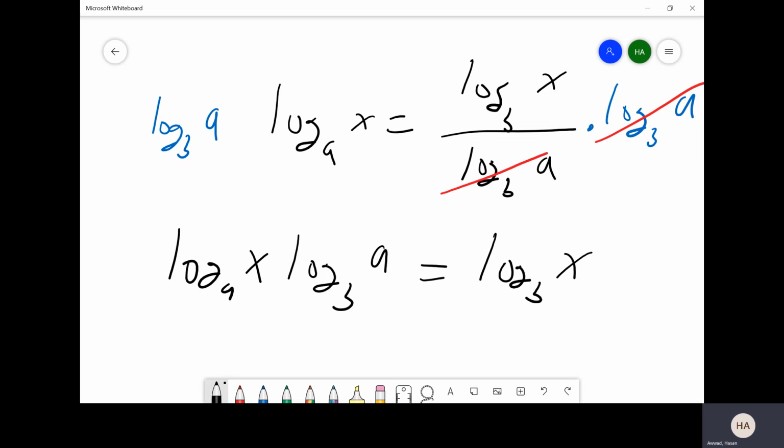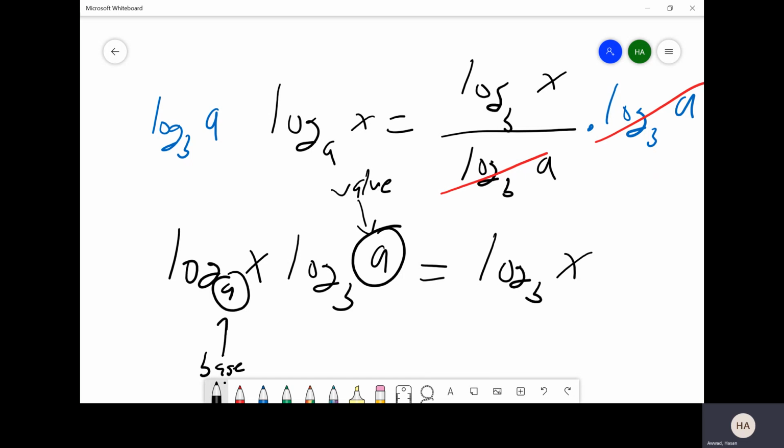And what I also want you to take away is notice the similarity. We have a base of value a in one logarithm, and in the other logarithm, the value is that same number. The a is the base here, and that same number is the value in this one. So what does this say?